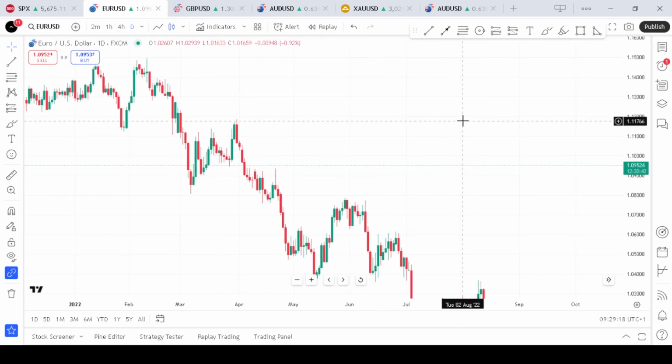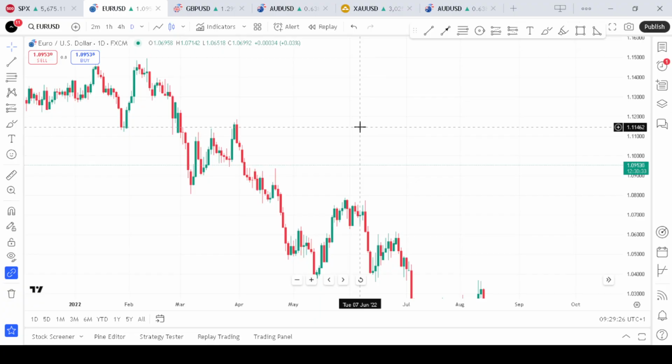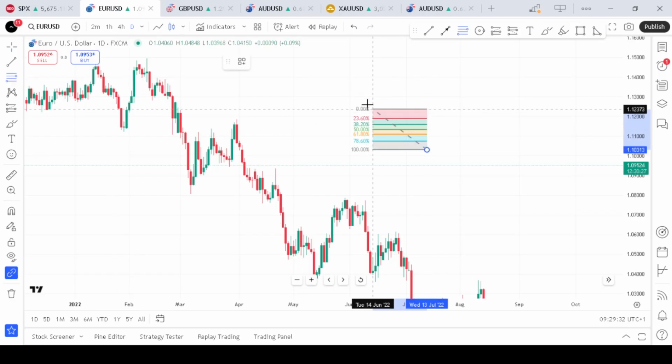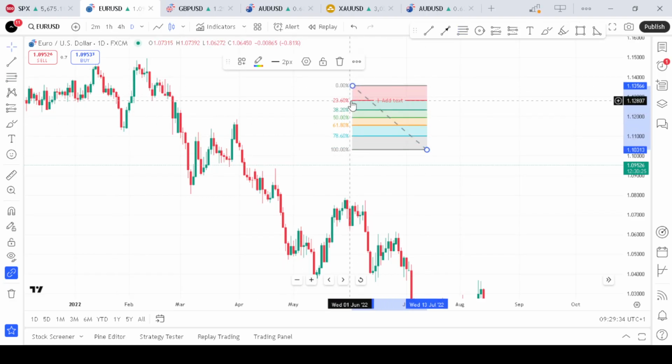This is based on the Fibonacci sequence, a mathematical formula where each number is the sum of the preceding numbers. The key levels for the Fibonacci retracement are the 23.6 level, the 38.2 level, 50% level, 61.8 level, and the 78.6 level.